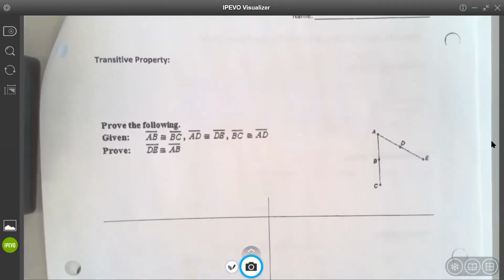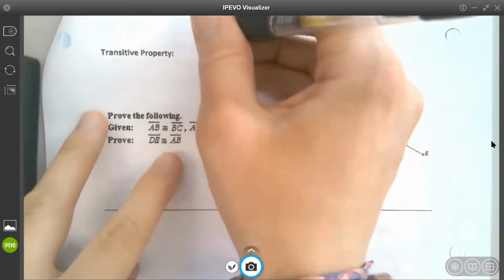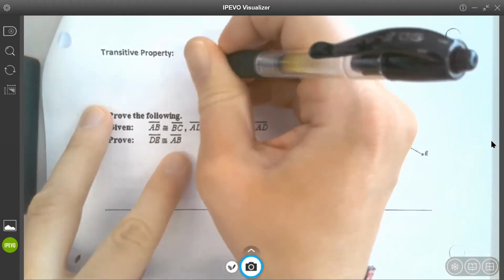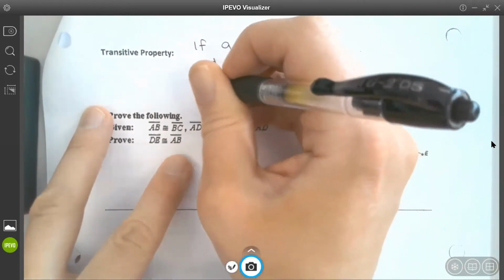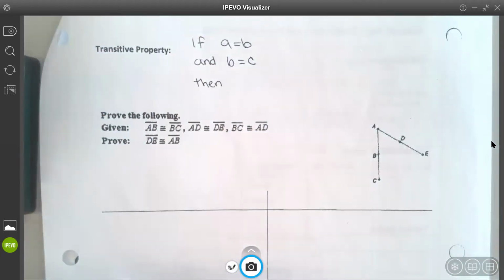Now, transitive is a little tricky because it feels like substitution. And it kind of is substitution, but it's substitution when there's a chain of events that allows us to connect them. So for example, if I had A equals B and B equals C, then what else is equal to each other?